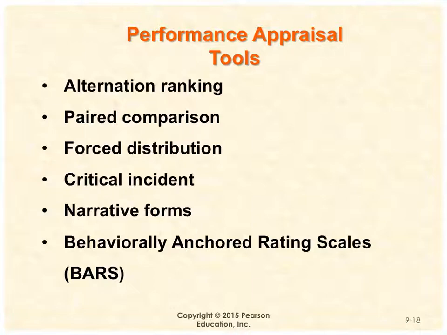And then finally, behavioral anchored rating scales, or BARS. It's a combination of narratives, critical incidents, and quantified scales. Basically, what we do is we combine a lot of these things together in order to find a full picture of somebody's performance over a period of time. It's much more accurate.